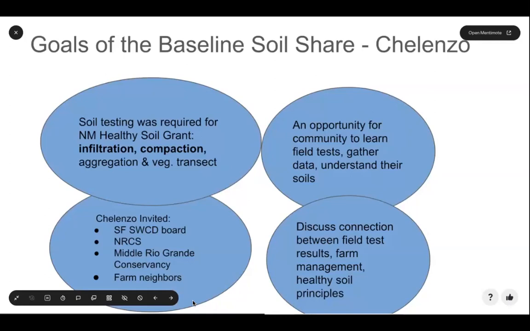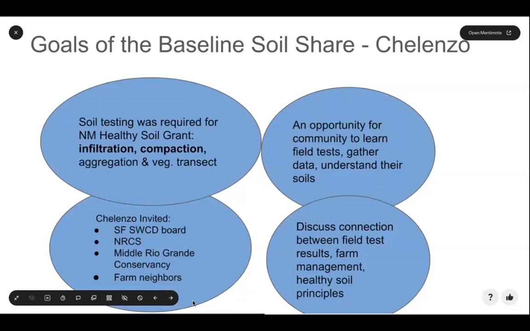We also agreed that it was an opportunity, again, for the community to learn together how to do these field tests. By doing it at Chilenzo Farm, they could also apply those same techniques to their own fields. Learn how to gather that data, how to understand that data together, and reflect back on what it tells us about management and the healthy soils principles.